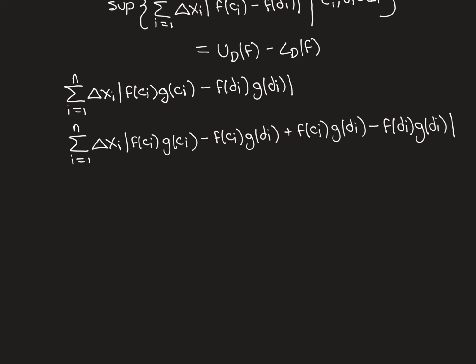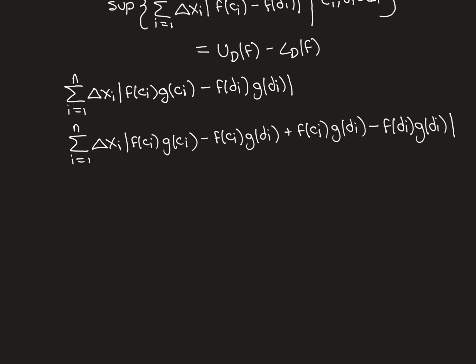Now, why are we doing this? Well, it's because you can see here we're going to be able to factor out the f of ci and then get a difference of two g's. And then here we're going to be able to factor out the g of di, and then we'll just end up with f at ci minus f at di.